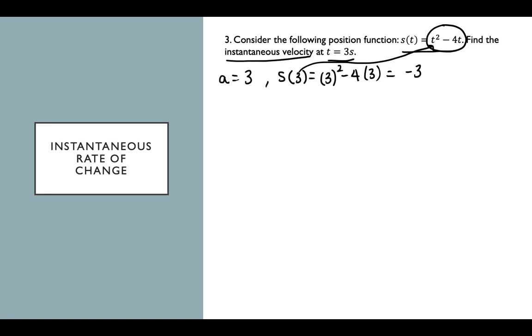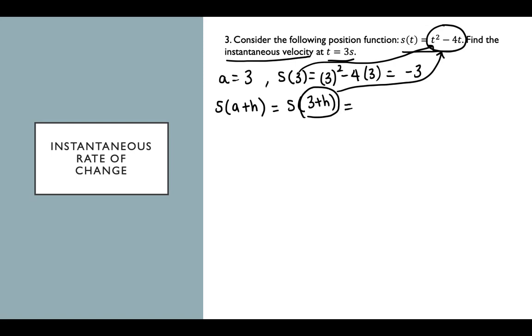Then we need to figure out s of a plus h. Now we know what a is going to be. So s of 3 plus h. Again, we are going to plug this input into my given function.